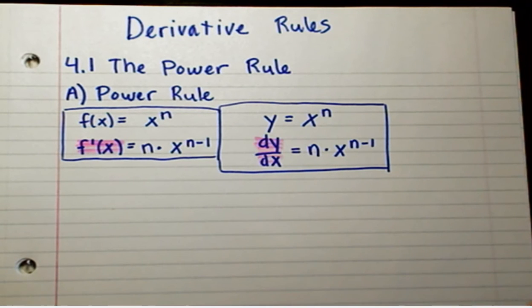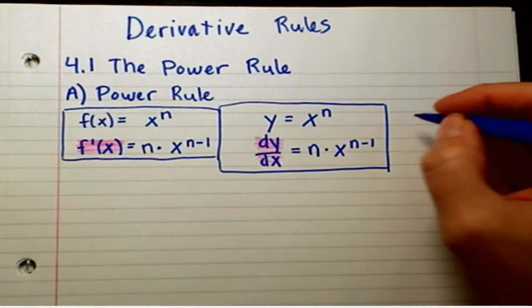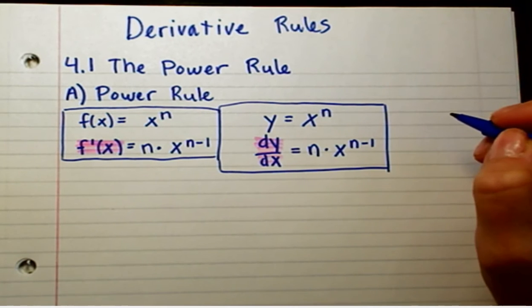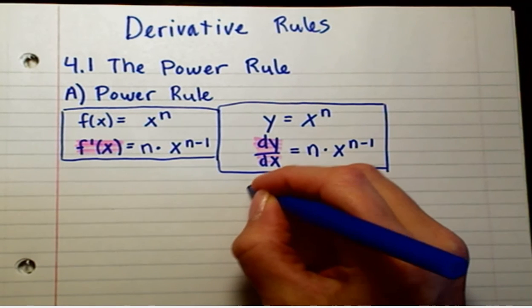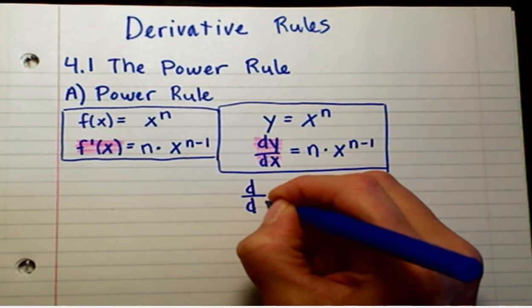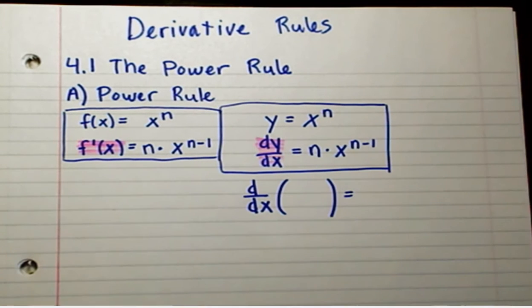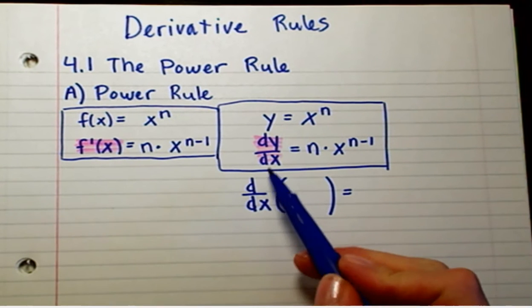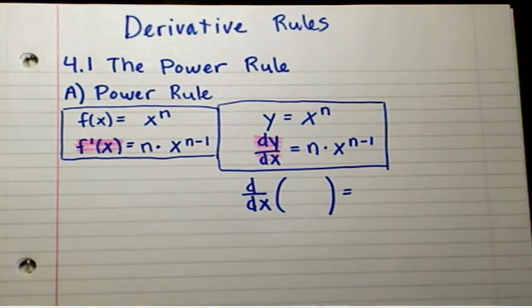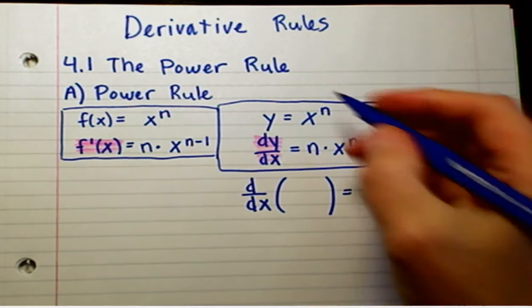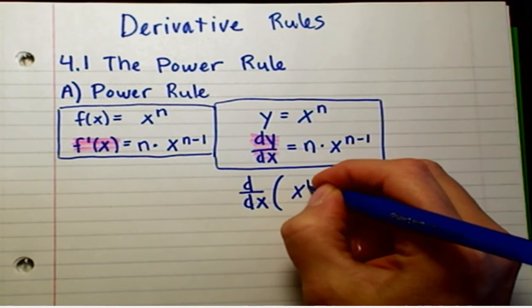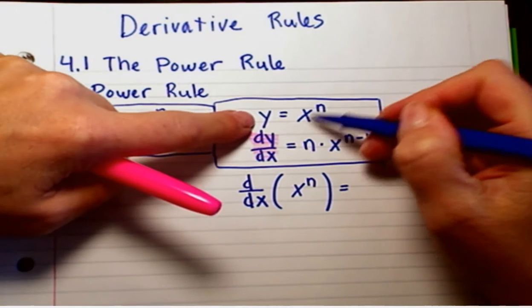And now there's one more way to identify the derivative, okay? And it looks like this. Let's see if I can make this fit. No, I'll do it underneath here. D dx, parentheses. Notice how it looks kind of like this dy over dx, but I left off the y. Instead, right, y equals x to the n.